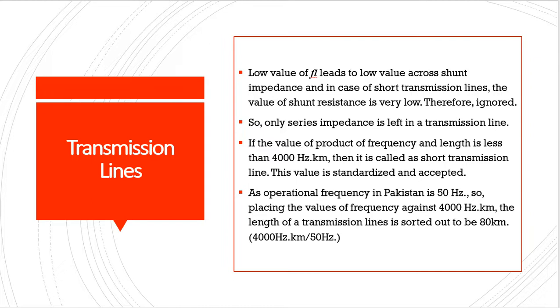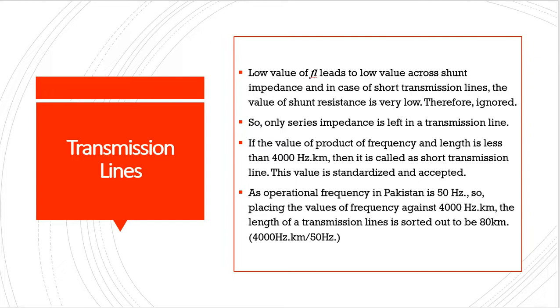So, it is known to you that in Pakistan a transmission line that has an overall length of 80 kilometer is considered a short transmission line. Now, what have we learned till now for the short transmission line? It has an FL value of 4000, the operational frequency of Pakistan is 50 hertz, and the short transmission line has a length of 80 kilometer, right.